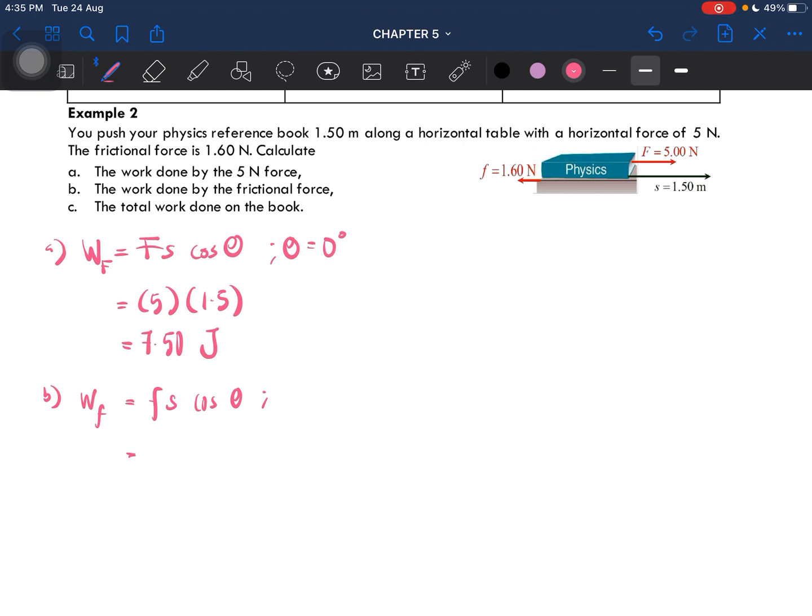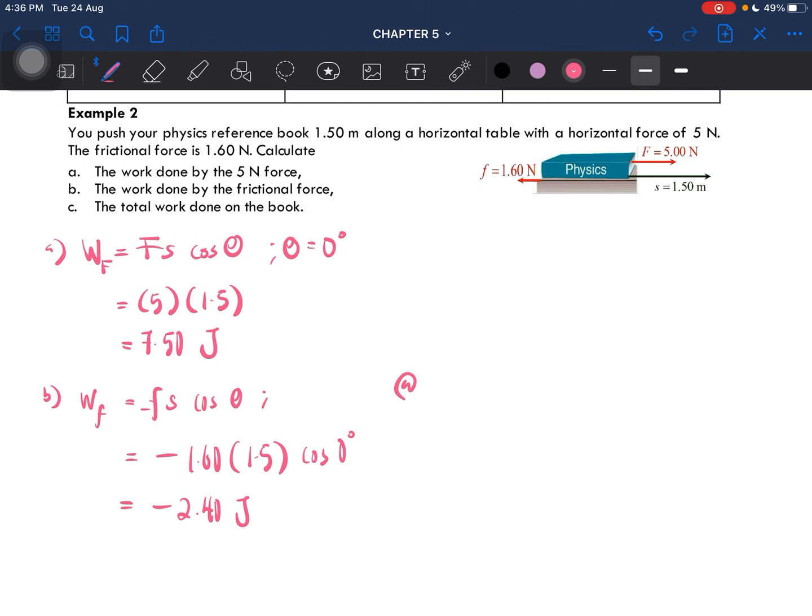Okay, so now, since this object is going to the left, the frictional force here is going to the left, I would just put negative. Okay, negative 1.6 times 1.5 cos 0 degree.